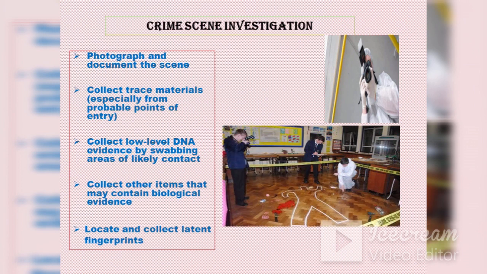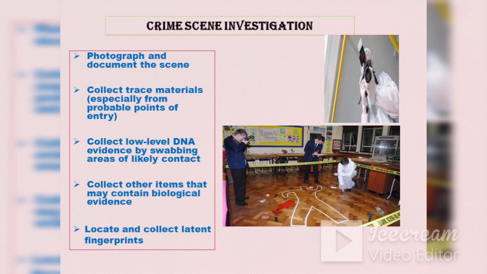A crime scene investigation. This is the crime scene. One scientist is taking photographs, another one is collecting the evidence, and a third person is taking notes. One bird's eye view photograph is also taken.